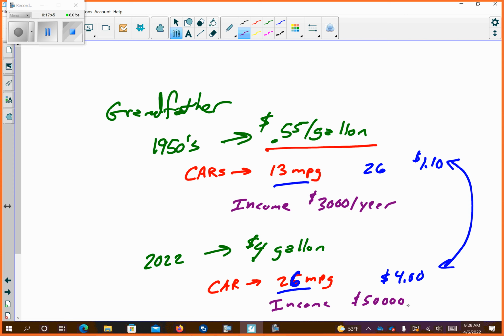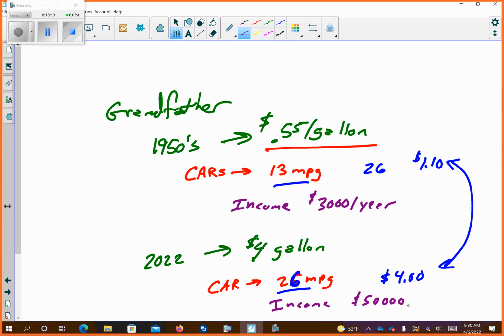I mean, I'm going to make up some phony math, and I'm just going to see how this works. So 0.55 times 13 times 3,000, and then I'm going to go 4 times 26 times 50,000.